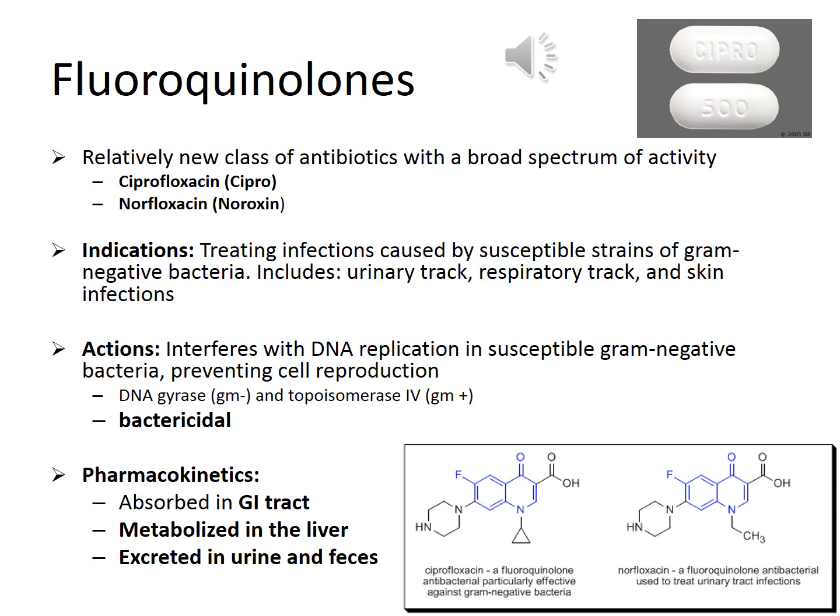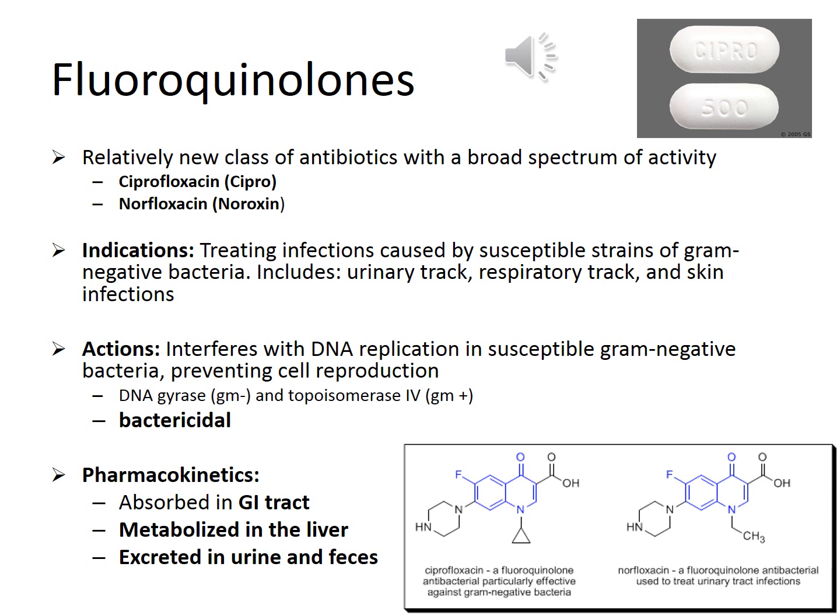In gram-positive bacteria, they inhibit the topoisomerase 4 enzyme. Topoisomerase separates the daughter DNA strand from the original strand, so we can't get that separation, and therefore DNA replication doesn't take place in those particular bacteria.